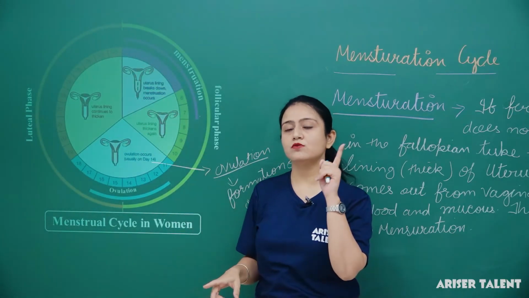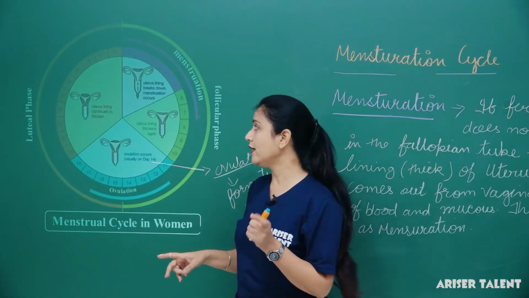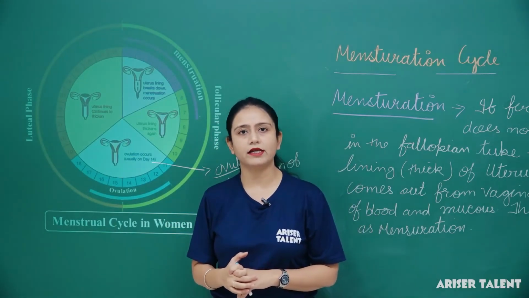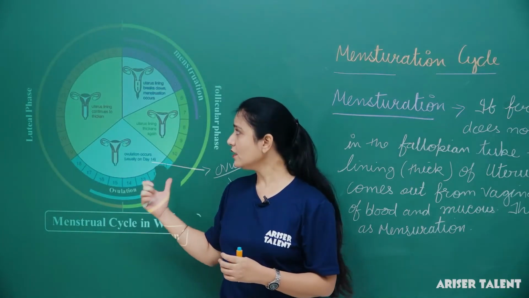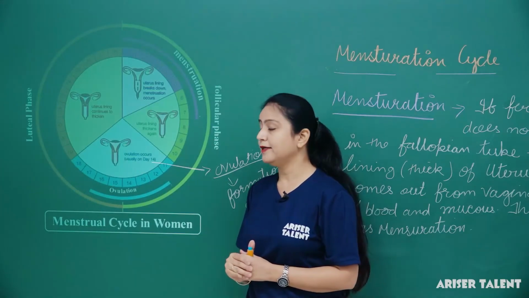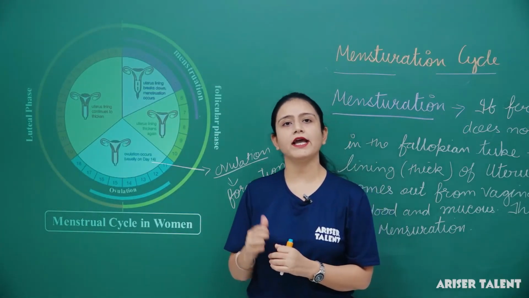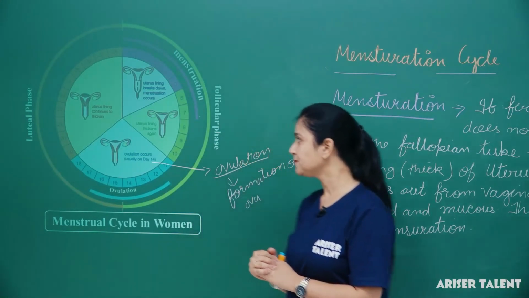Each ovary produces one ova in a period of 28 days, and this complete cycle is known as the menstruation cycle. In this lecture, I taught you about the female reproductive system and menstruation cycle. Now we will talk about the fertilization of the egg and the changes after fertilization.